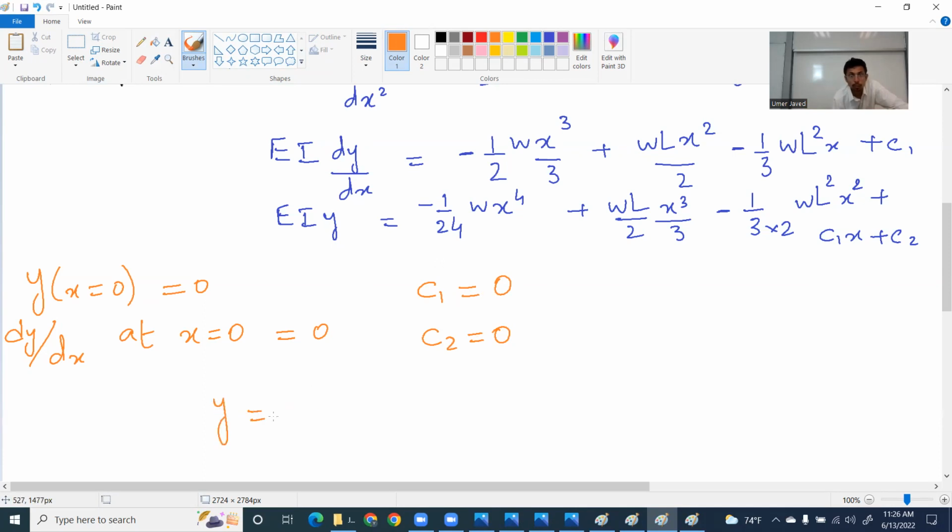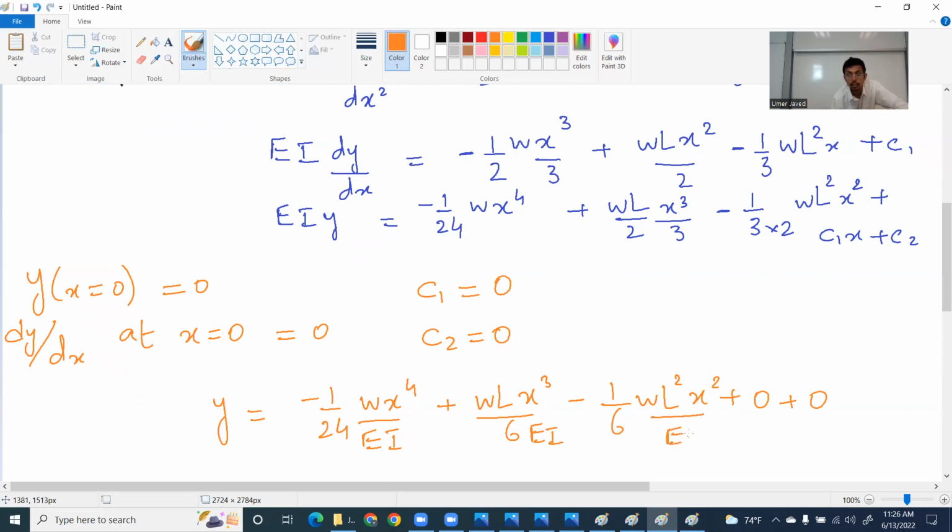So y comes out to be equal to minus 1 by 24 W x power 4 plus WL x power 3 divided by 6 minus 1 by 6 WL square x square plus 0 plus 0, divided by EI. In an exam, if you directly write C1 0 and C2 0, unfortunately, I will have to deduct all the points. You have to go through all the steps and prove to me that C1 and C2 are 0.